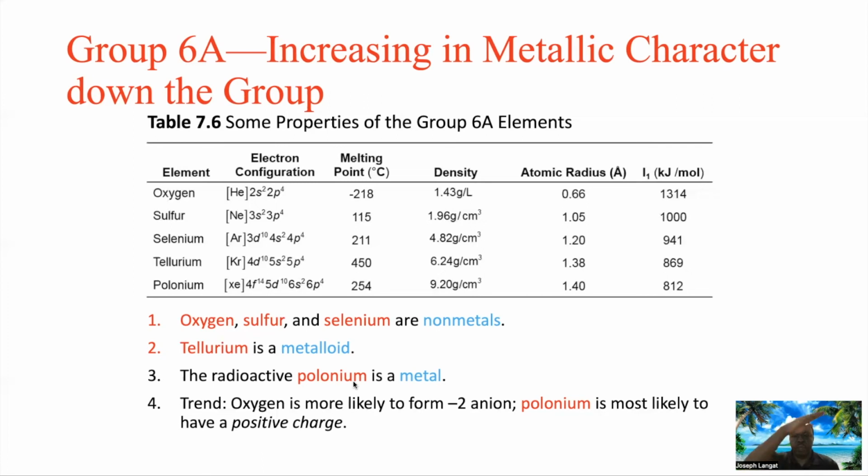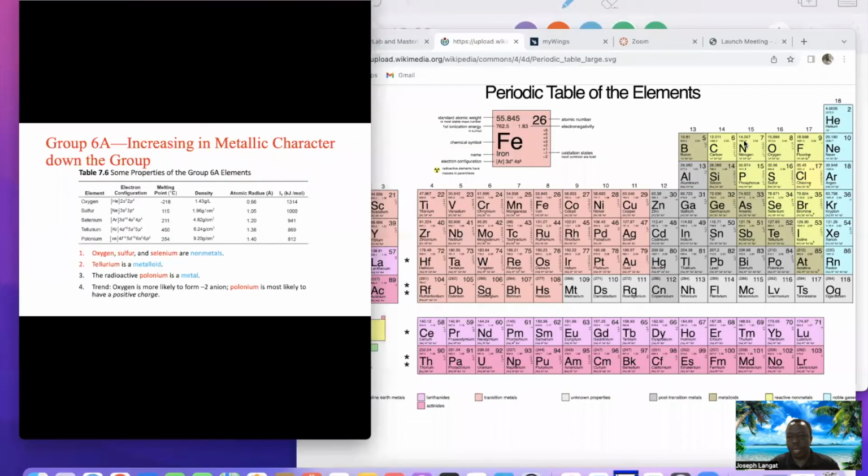So you have to see that as you navigate down the group, you will cross the metalloid. Here, non-metal for oxygen, non-metal sulfur, selenium, metalloid tellurium, and then you cross over to polonium, which is a metal and it is radioactive.